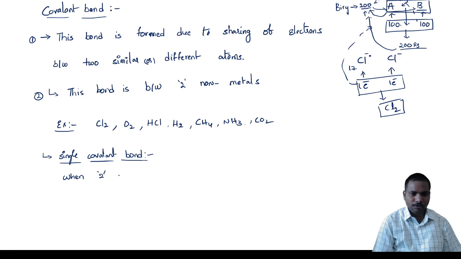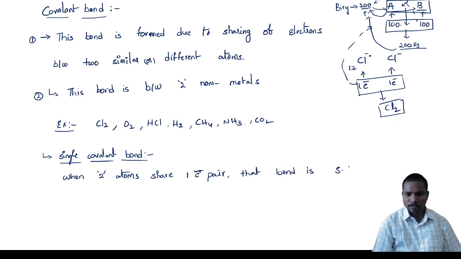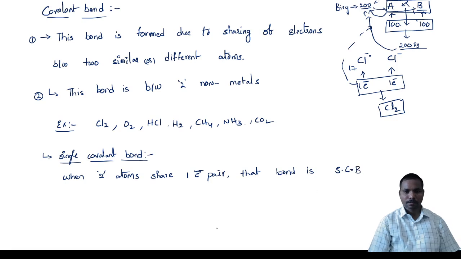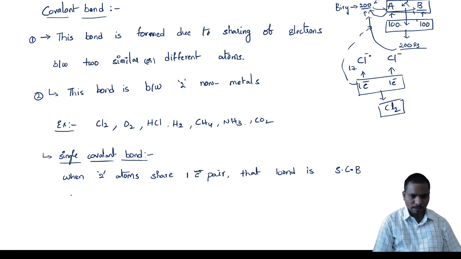When two atoms share one electron pair, that bond is a single covalent bond.